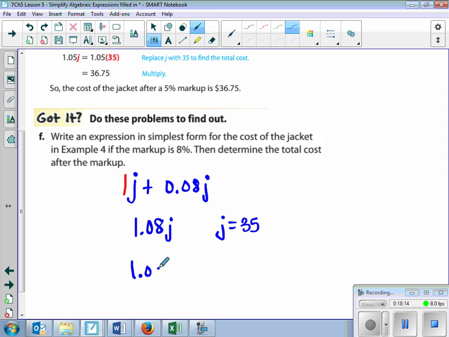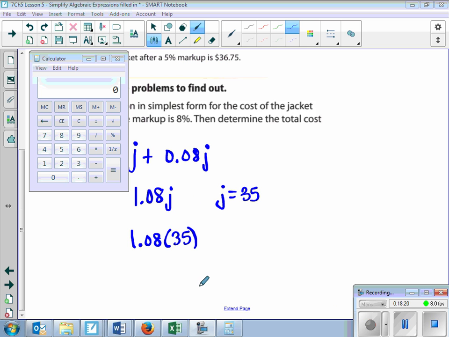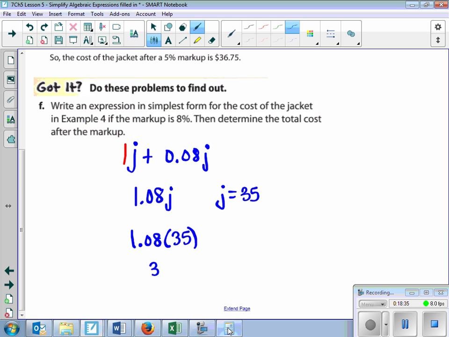So we have 1.08 times 35, and what does that give me? So now we're going to multiply 1.08 times 35, and that's going to give us 37.8, which is how much money? $37.80. Very good. And don't forget your symbol.